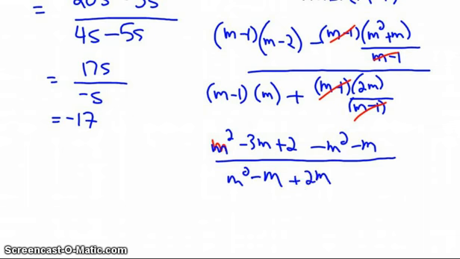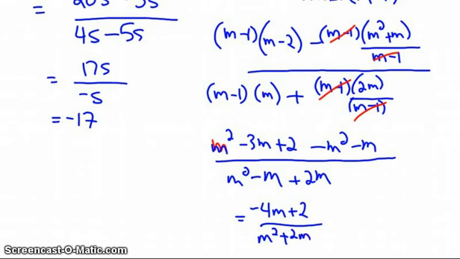We put all this stuff together and see where it comes out in the wash. So what have I got in the numerator? m squared minus m squared cancels. Minus 4m plus 2, all over m squared plus 2m.